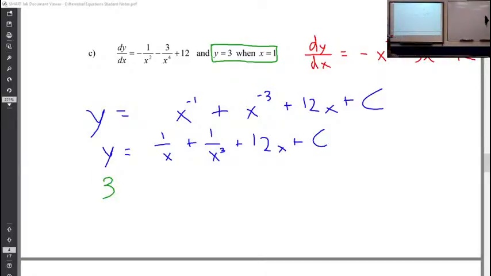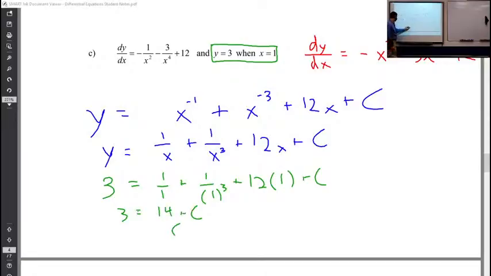So y is 3. We put 3 in for y. And we're going to put 1 in for x. This is 1 plus 1 plus 12 is 14. So that means c has to be negative 11.